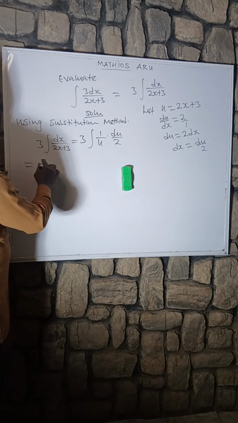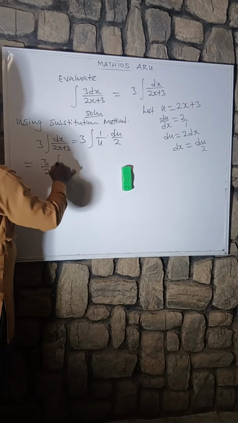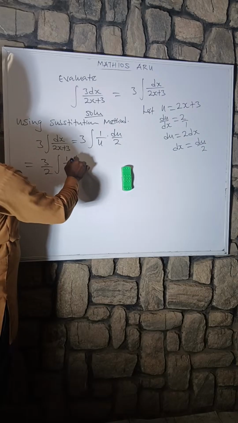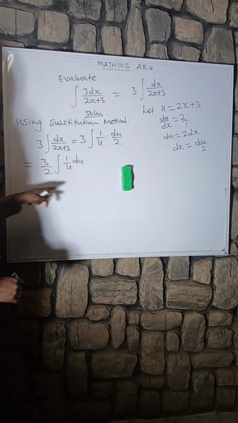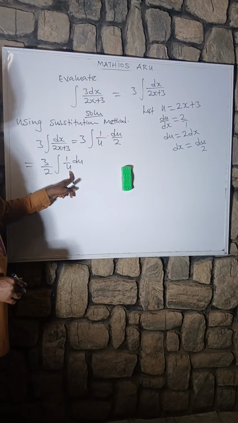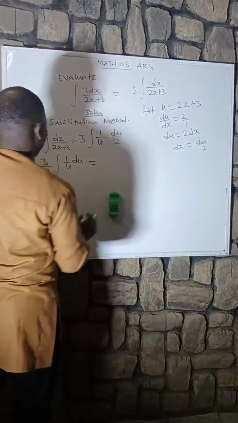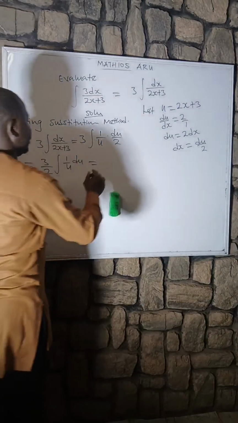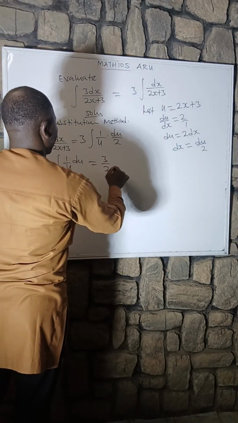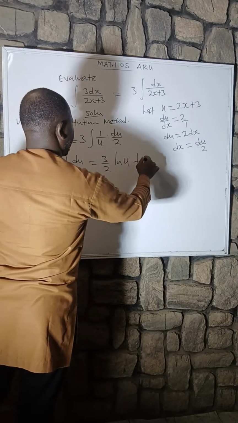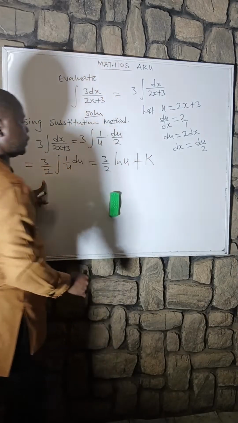So it means we are going to have 3 all over 2 integral 1 all over u times du. If you integrate 1 all over u, you are going to have ln u. But here we have a constant, 3 all over 2. So 3 all over 2 ln u plus any constant.